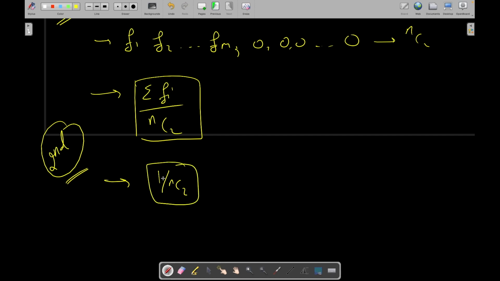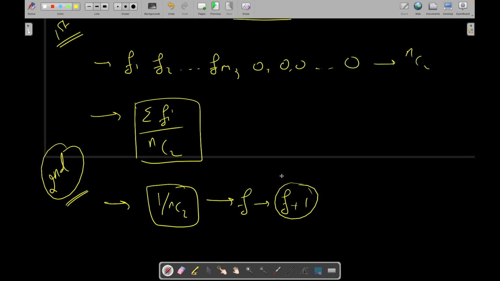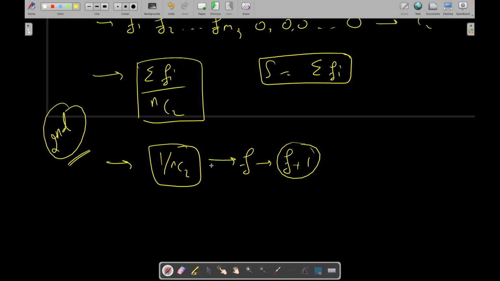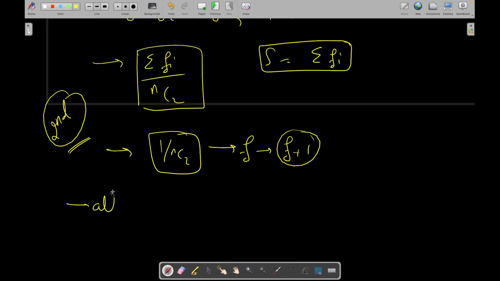And if this is selected, my f will go to f plus 1, right? So let's say a variable s, which is equal to the initial summation of f of i. Now all fi will increase by 1 with probability 1 upon NC2, right?